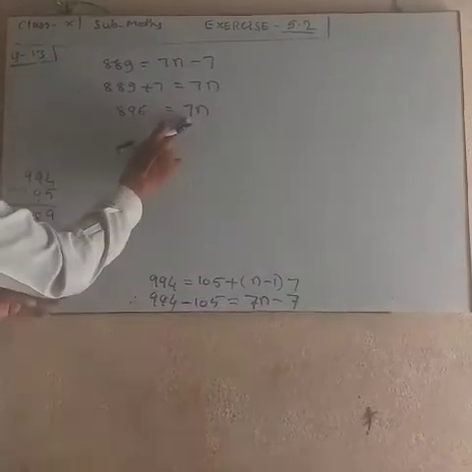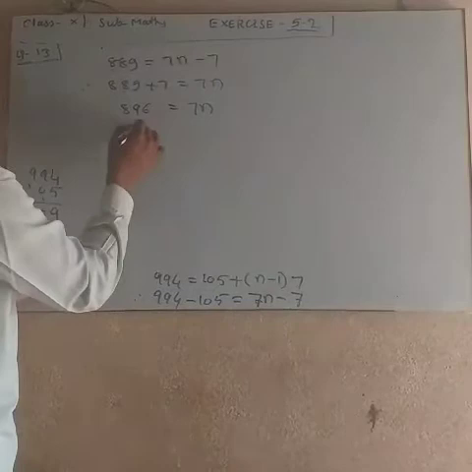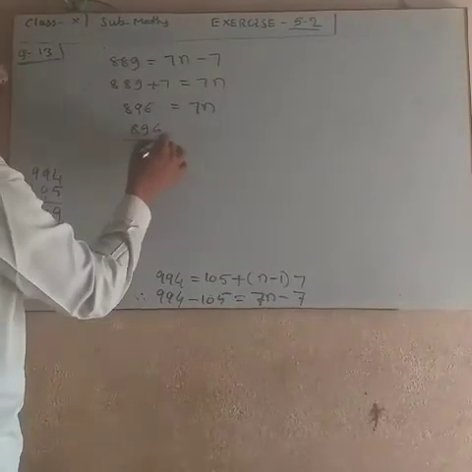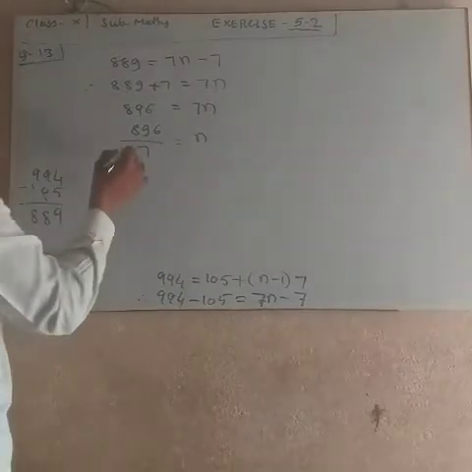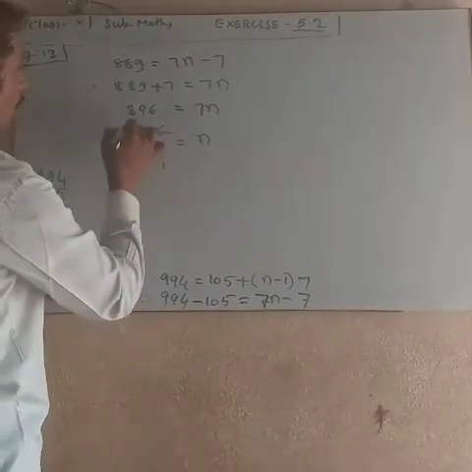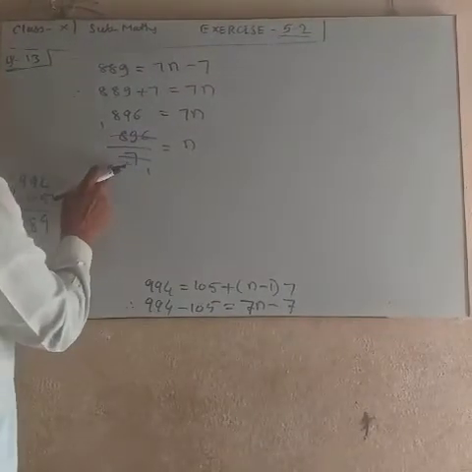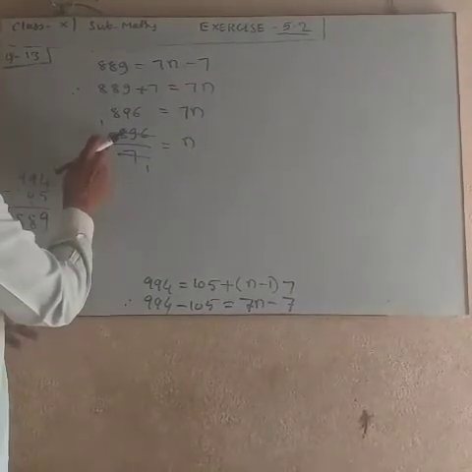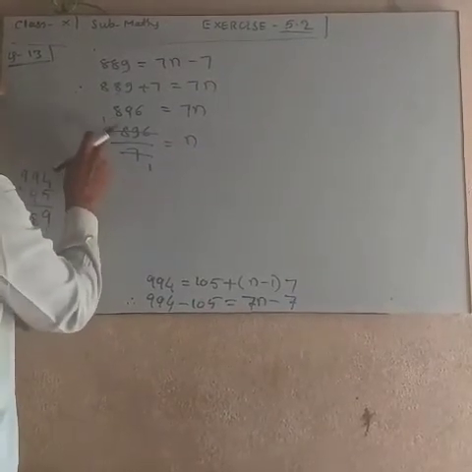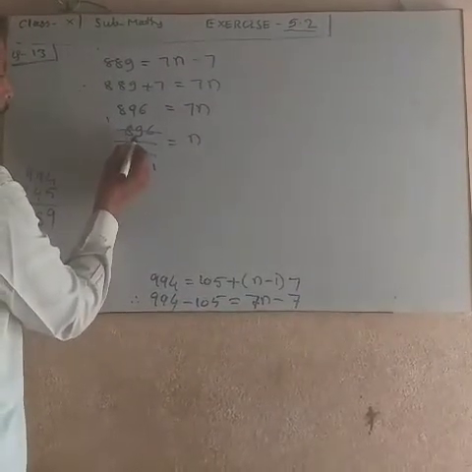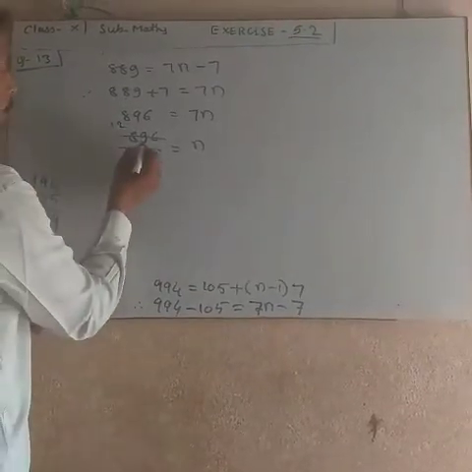Now once again take this 7 to the left side. By transposing 7, it becomes 896 divided by 7 equals n. Dividing by 7: 7 ones are 7, remaining 1. Then 19, 7 twos are 14, remaining 5.